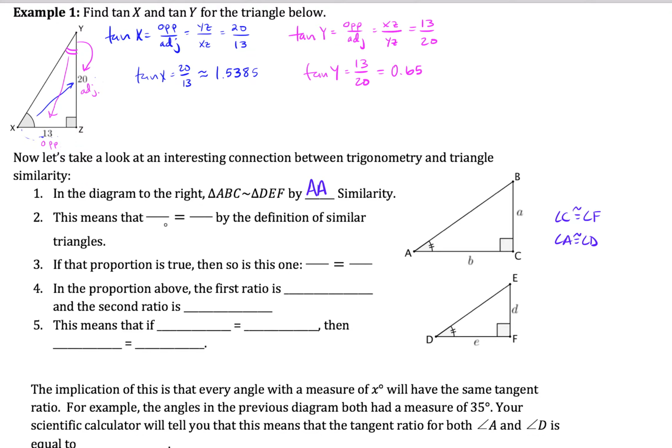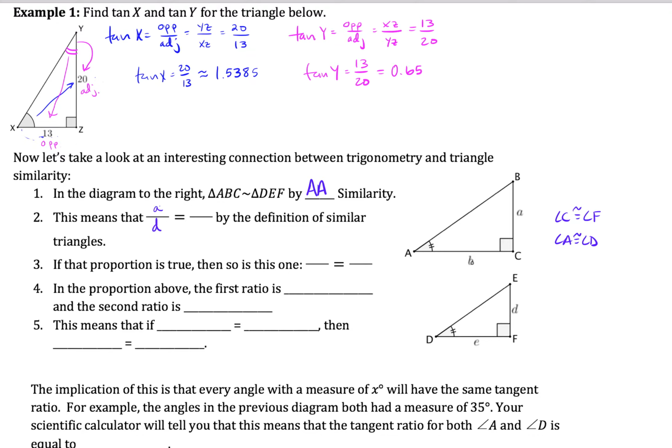And this means that if I take a look at the ratio between A, which is the length of BC, over D, which is the length of EF. Now that's a pair of corresponding sides in this similarity, right? So if I make that ratio of A over D, it should be equal to another ratio of corresponding sides.